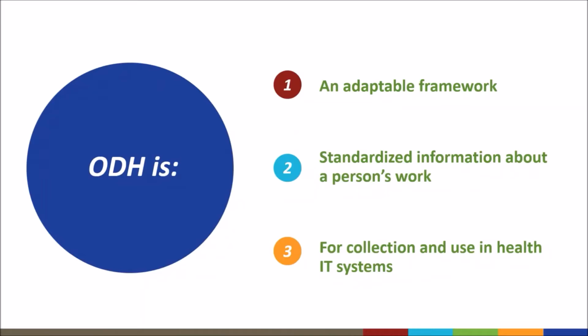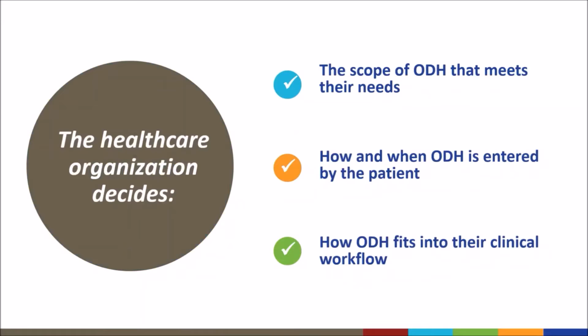And ODH is really only intended for use in health IT systems. ODH does not prescribe the scope of work information that an organization might want to use, how or when the patient or their representative enters the information, or how the organization might choose to fit it into their workflow.